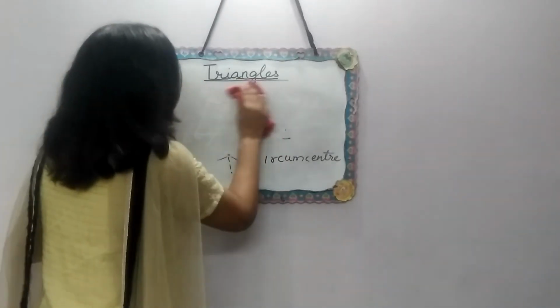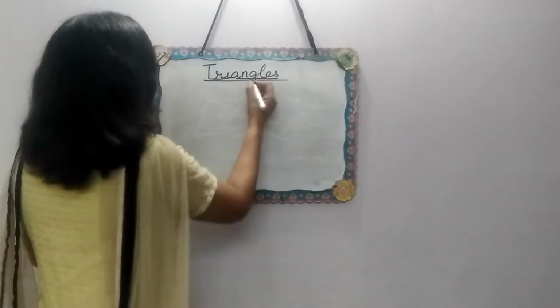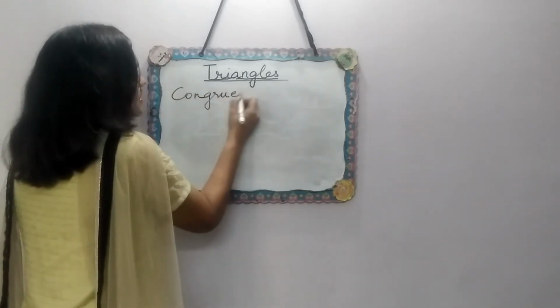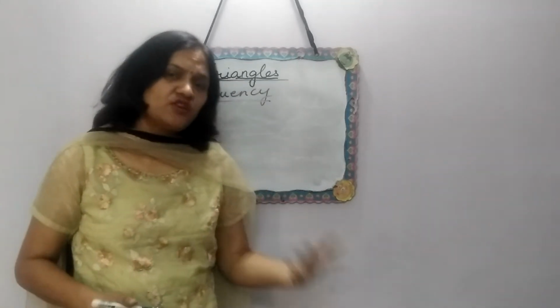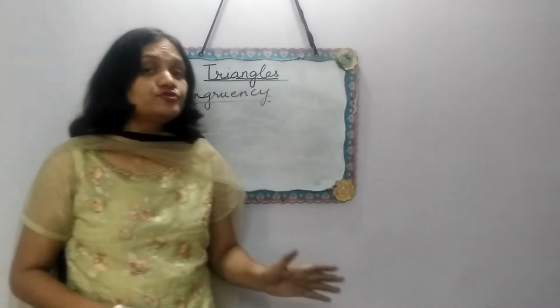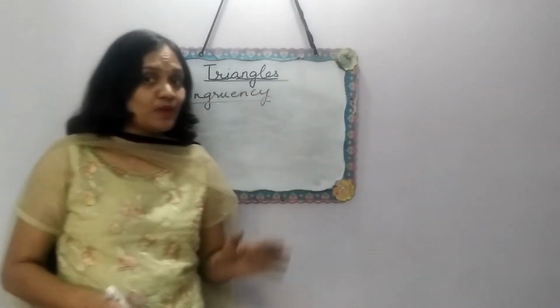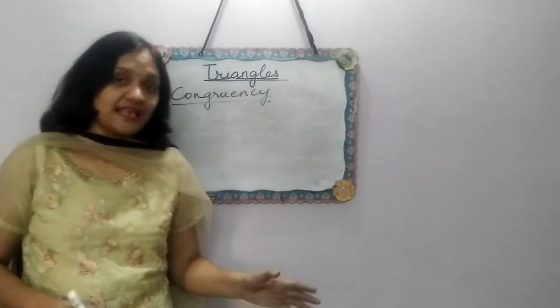Now let's talk about congruency of triangles. What do we mean by congruency of triangles? First of all, what do we mean by congruency of any two figures? If two figures are congruent, they will have the same shape as well as the same size, and they will be equal in all aspects.